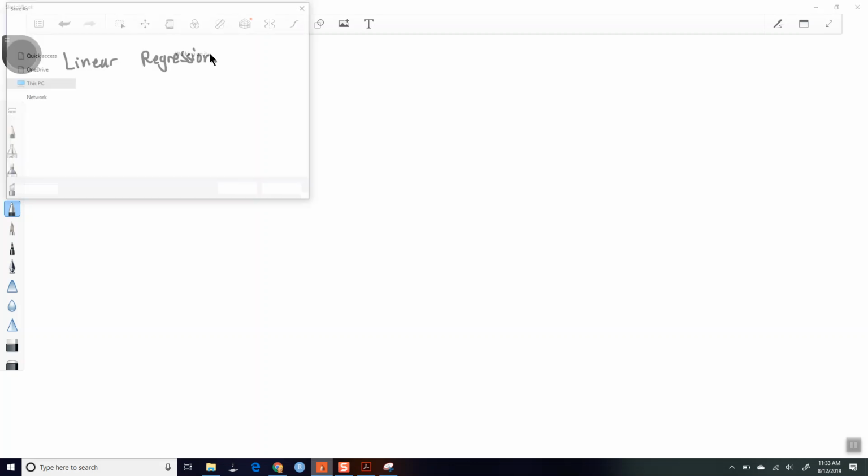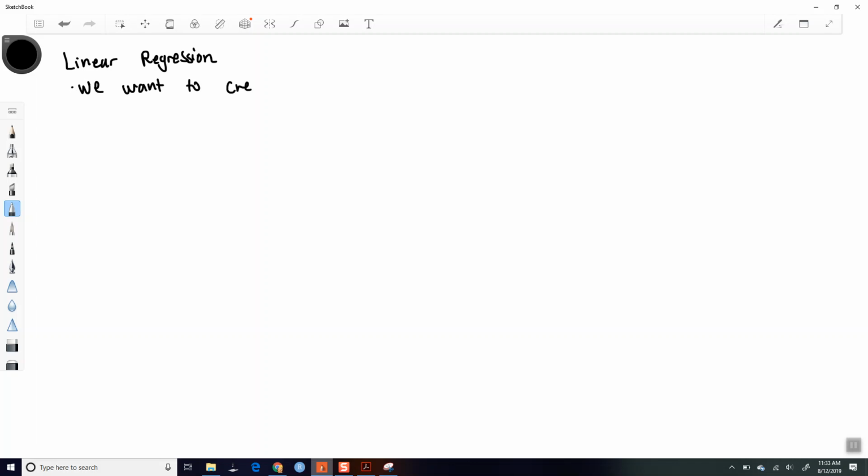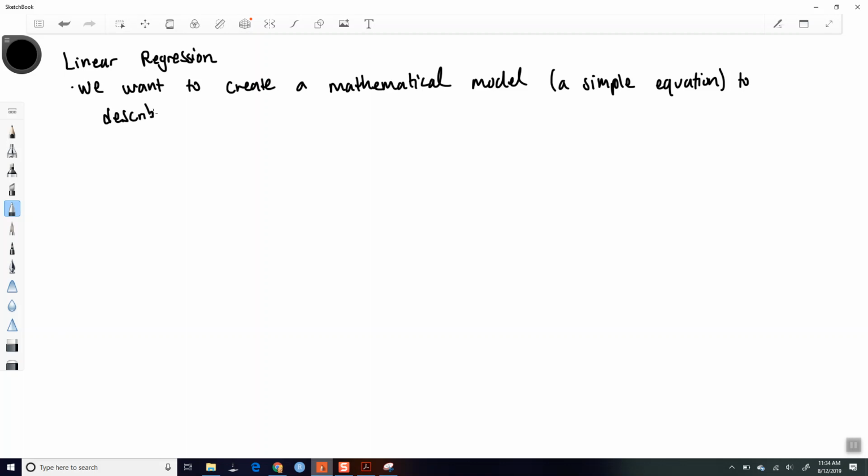In linear regression, what we want to do is create a mathematical model, or in our case, a simple equation, to describe the relationship between two numeric variables.